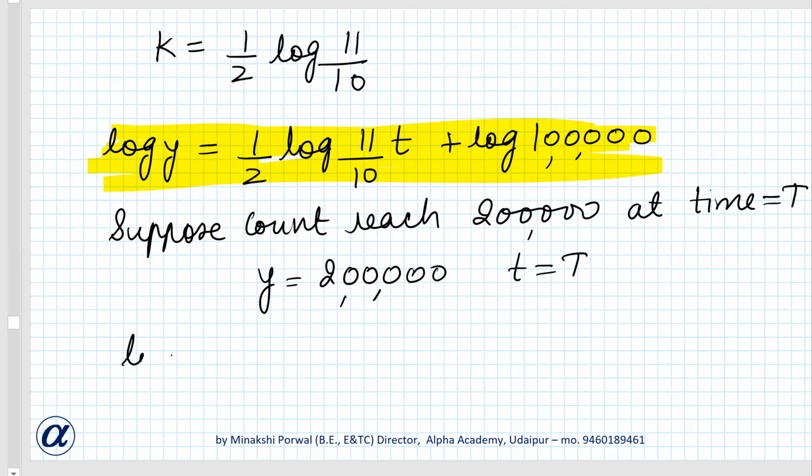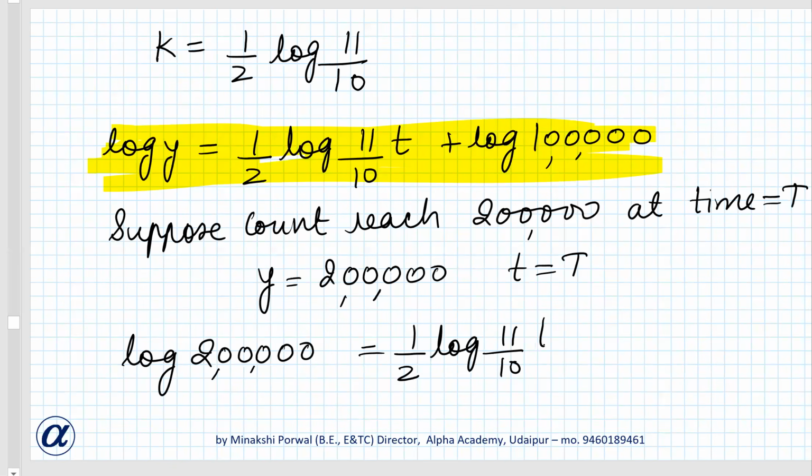That is, log of 2 lakh equals 1/2 log of 11/10 times T, plus log of 1 lakh.